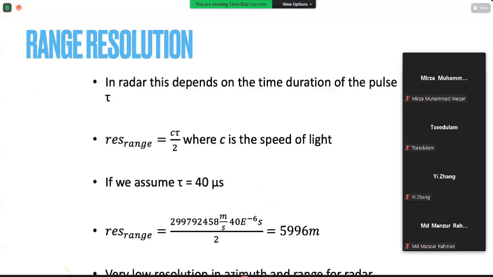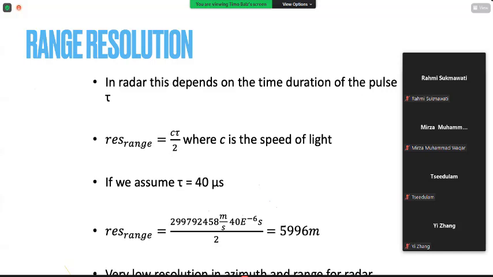And in range, the resolution we can achieve depends on how short we can make that pulse. If we can have a very short pulse, then our resolution gets better. It's just the pulse duration times the speed of light divided by 2, because the signal is traveling there and back.